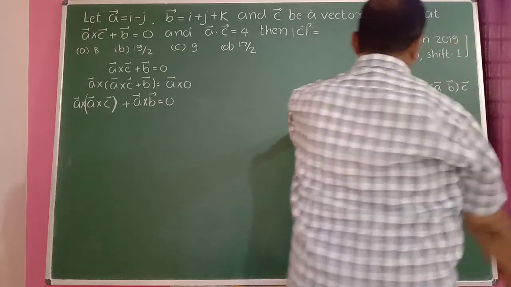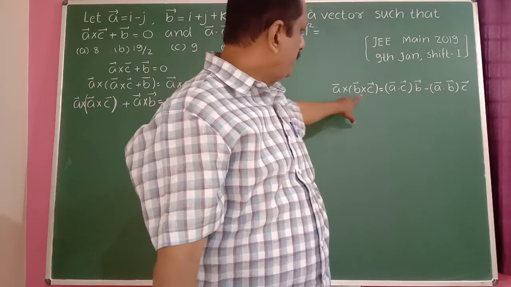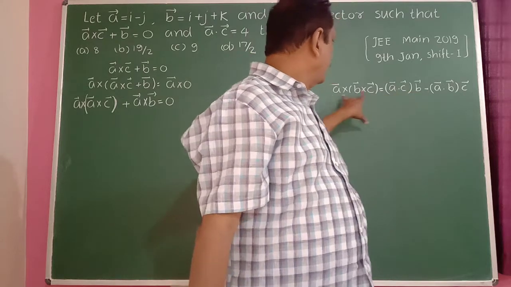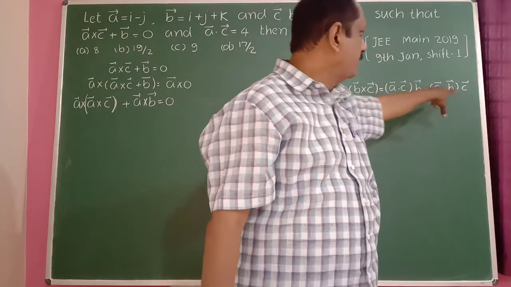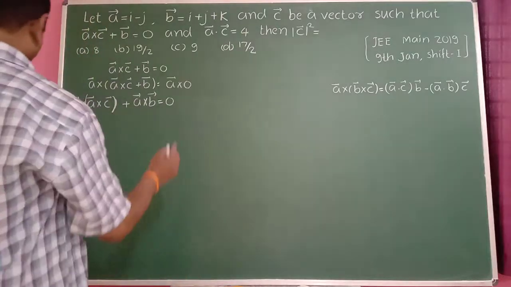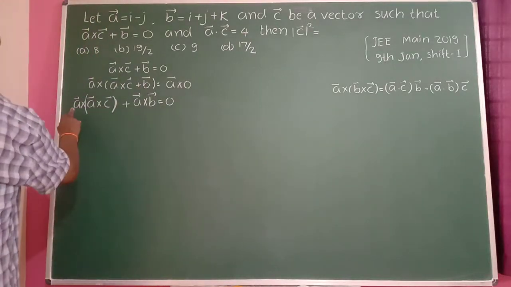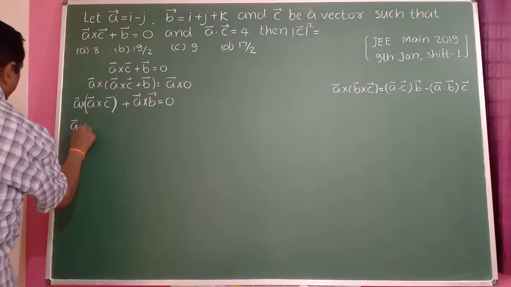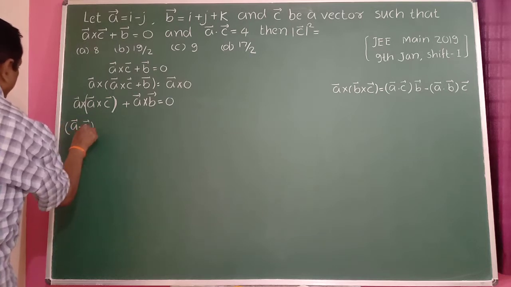I repeat once again: a bar dot c bar into the vector b bar minus a bar dot b bar into the vector c bar.